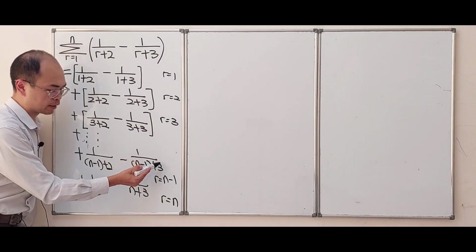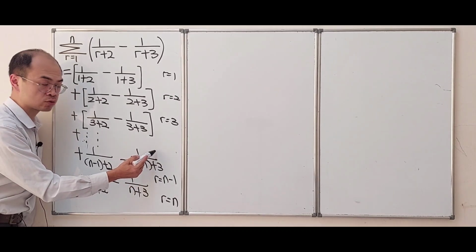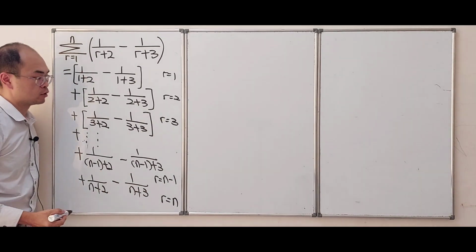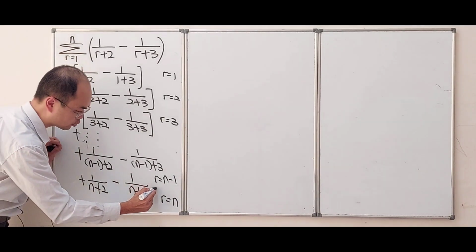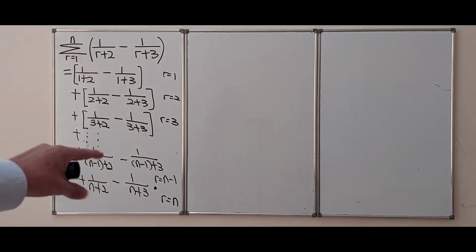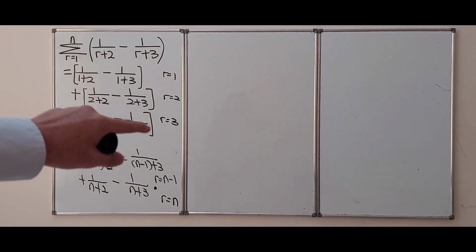There is a term before that, r equals n minus 2, and so on, eventually up to term n. This is the last term for this series.